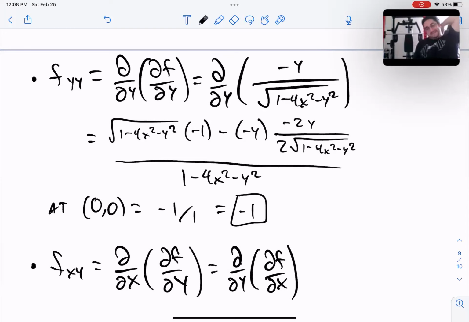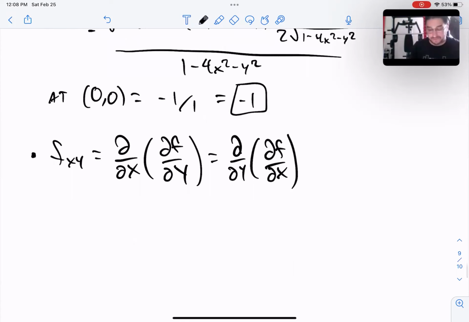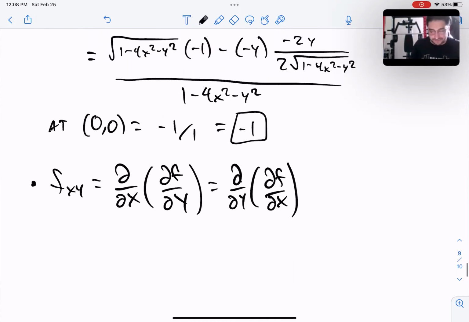You can find very obscure surfaces for which it does matter what order. But if you have continuous derivatives and second derivatives, and I think third maybe, I'd have to check the preconditions there. But certainly if you have all continuous derivatives of all orders, then it doesn't matter if you take the x then y or y then x for a mixed partial. So you can do whichever one you want.